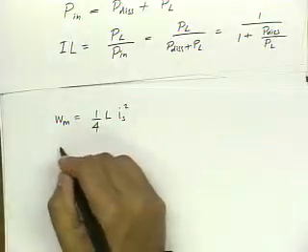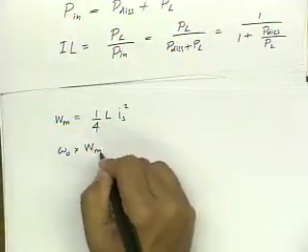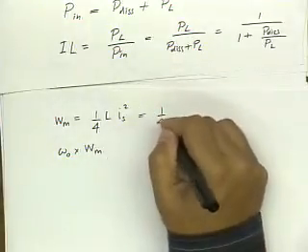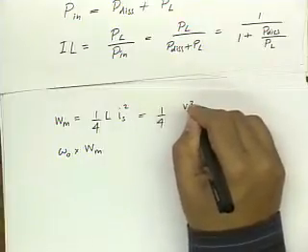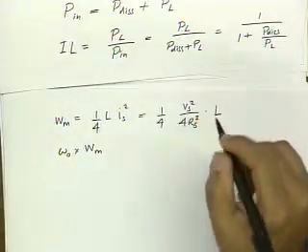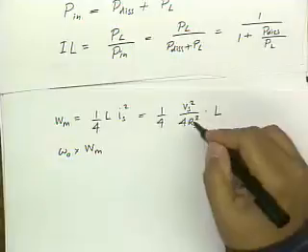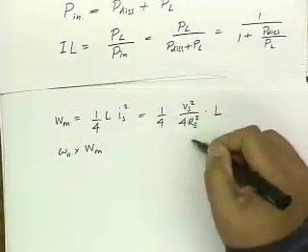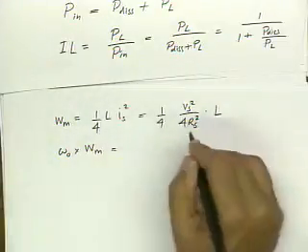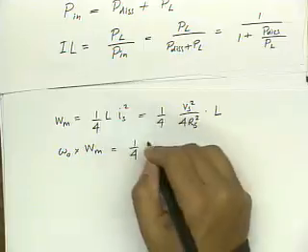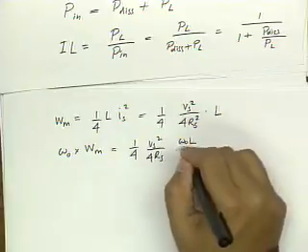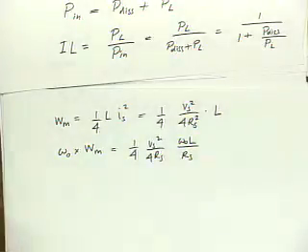Now, if I look at omega naught times omega m, let me write this as 1/4 Vs squared over 4Rs squared times L. That's because at resonance, the current that flows, this is for a series resonant circuit, is just proportional to Rs. And if I look at omega naught times omega m, I have 1/4 Vs squared over 4Rs squared, omega naught L over Rs.